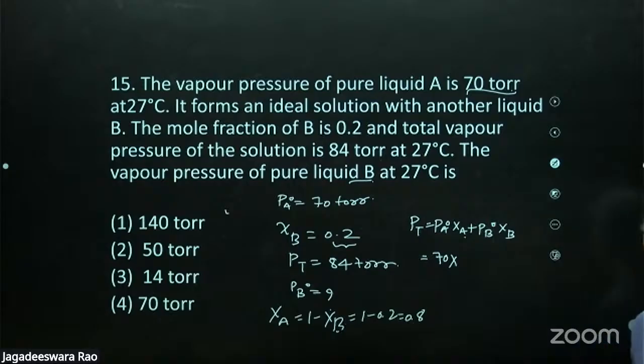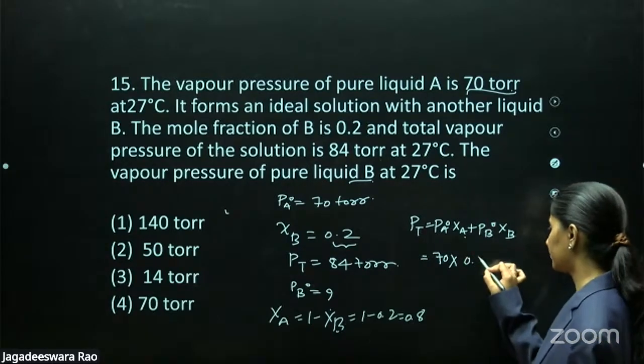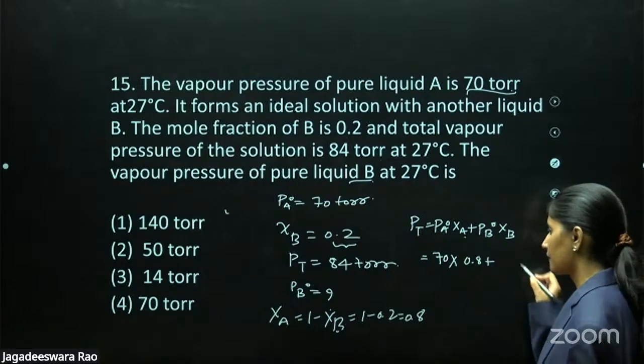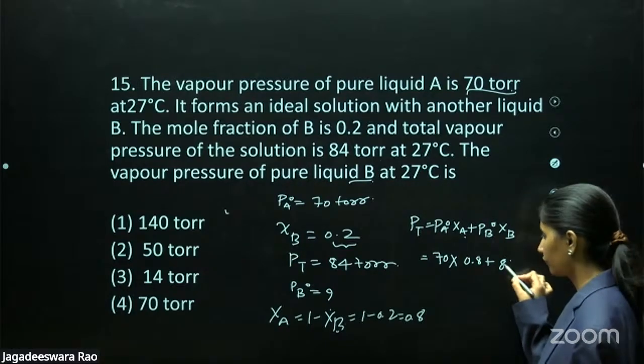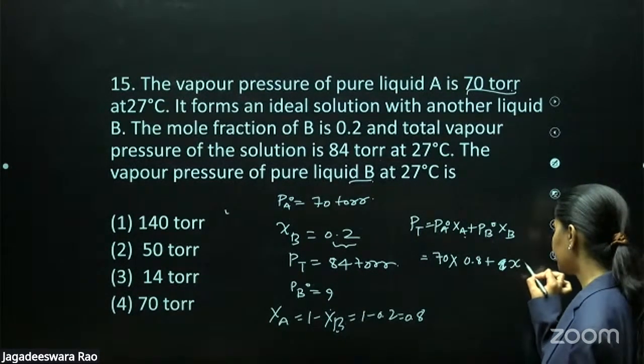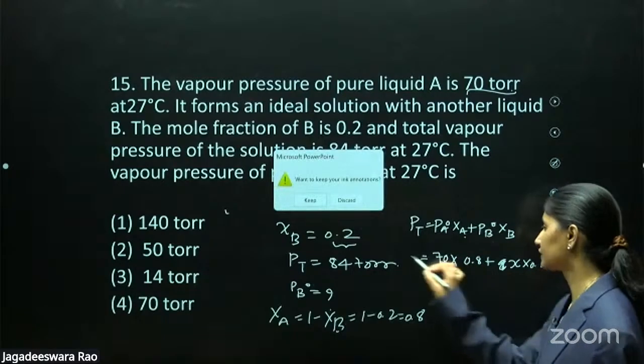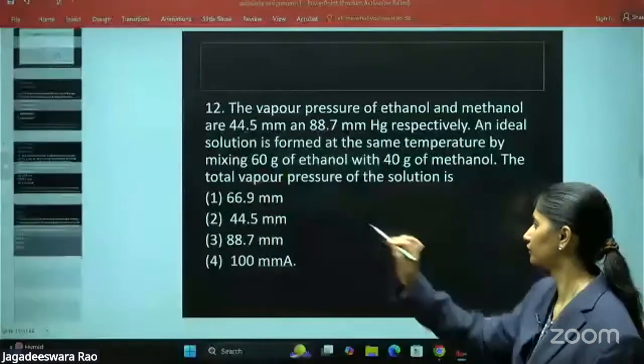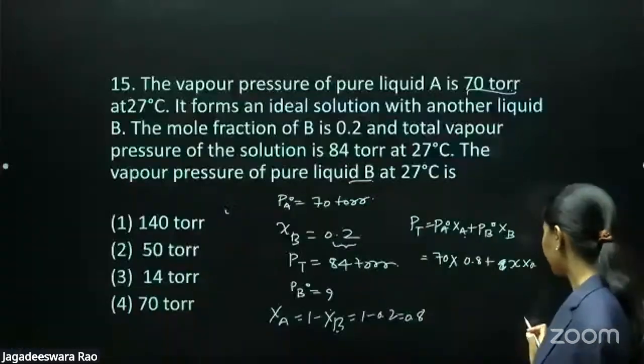Check that. Will you agree? Yeah. So 70 into 0.8 plus x into 0.2, which is equal to 84.